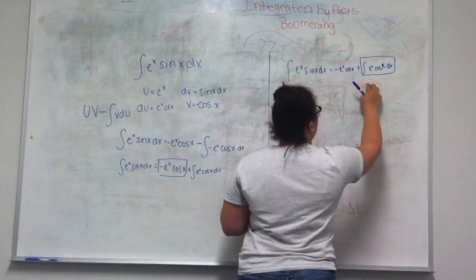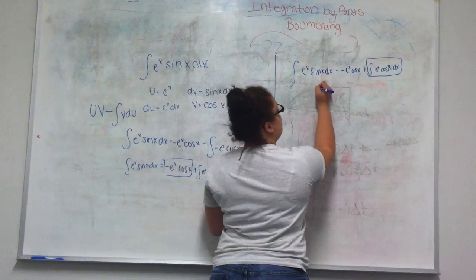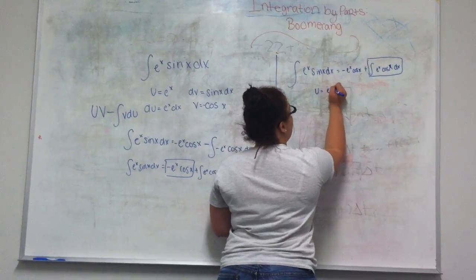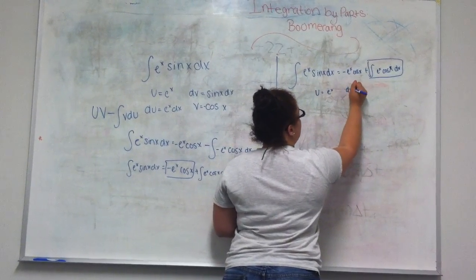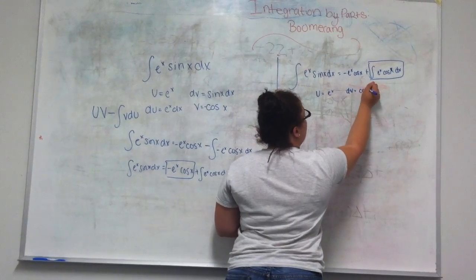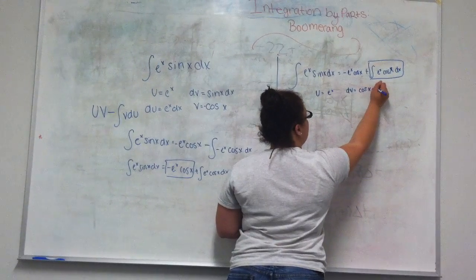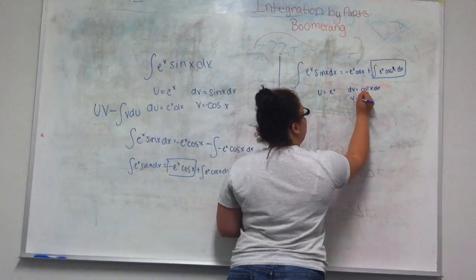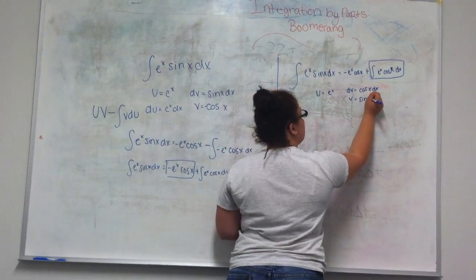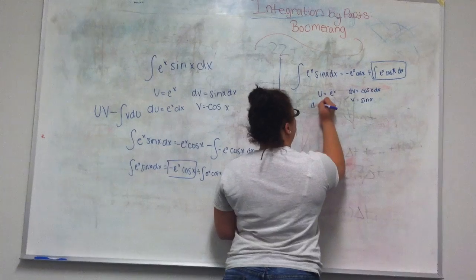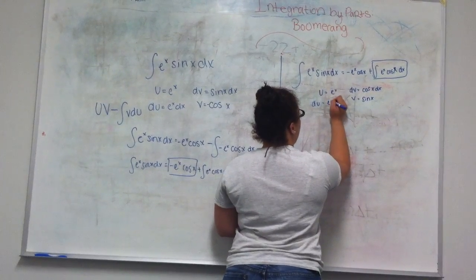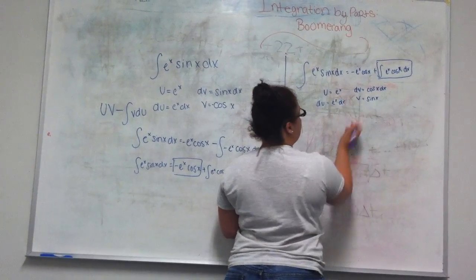So we can assign once again e to the x to be our u. Our dv is equal to cosine of x dx. Our v then becomes sine of x, and our du is once again e to the x dx.